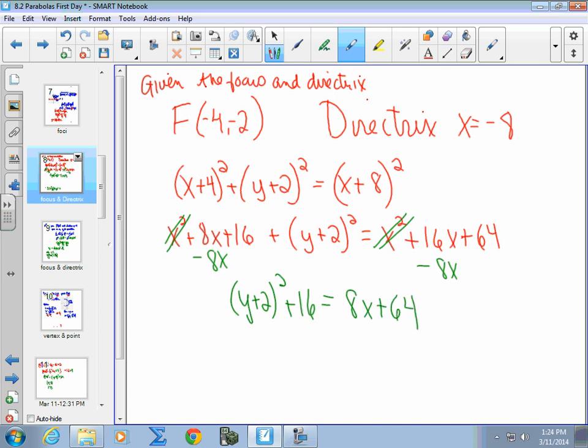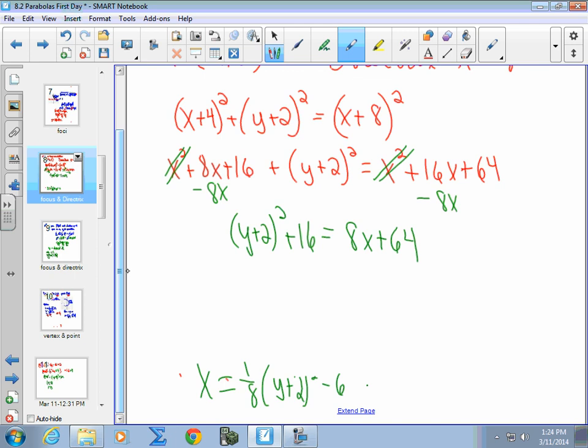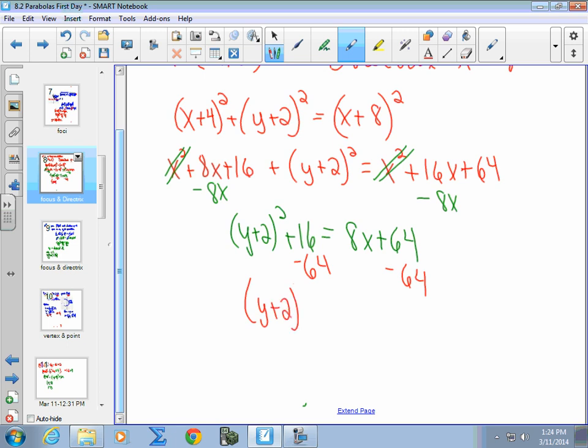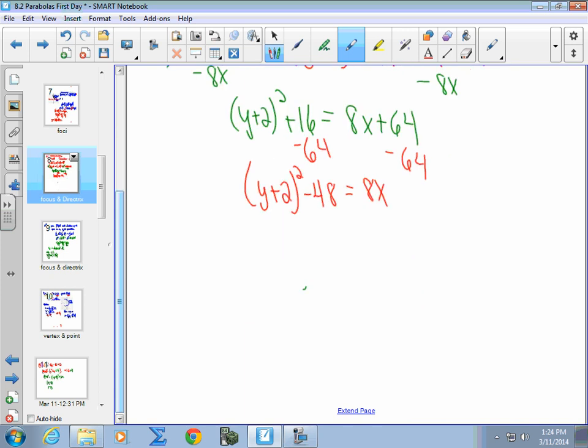We'll remove the constants to the other side of the equation, so we're going to subtract 64. And when we do, we get y plus 2 squared minus 48 is equal to 8x. So we have 8x is equal to y plus 2 squared minus 48.